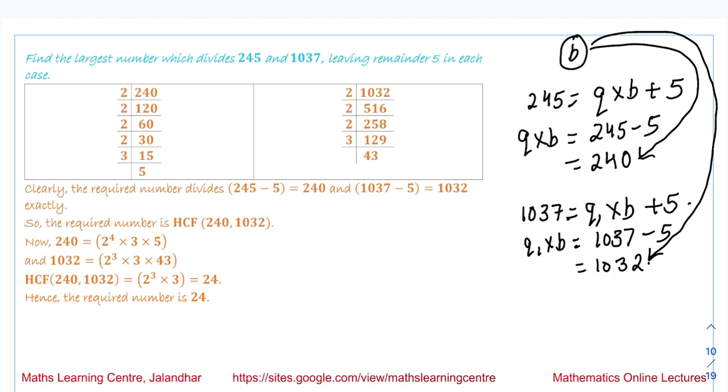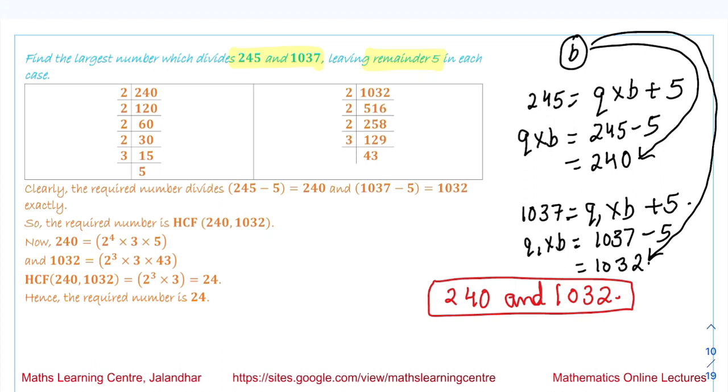So the question, find the largest number which divides 245 and 1037 leaving remainder 5, is now changed to: we have to find the largest number which exactly divides 240 and 1032.